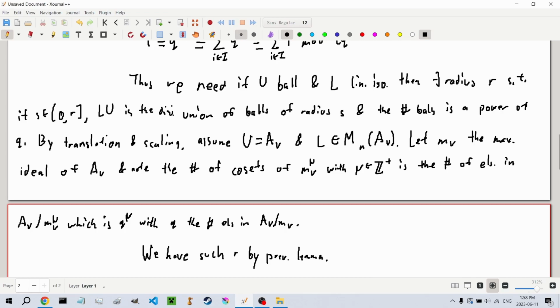And okay, I kind of missed notation, but such an r such that if s is less than r, I'll use the disjoint union of balls radius s. And we contend it meets the second half.